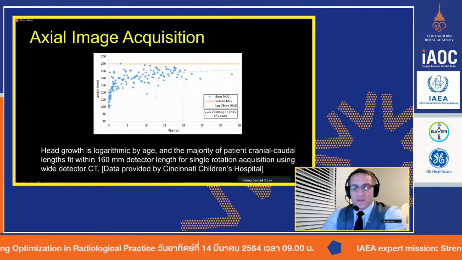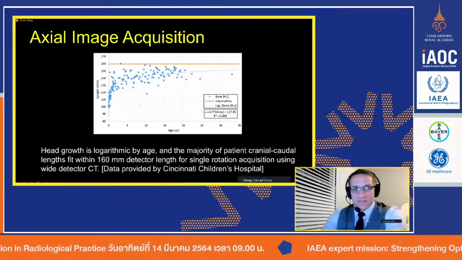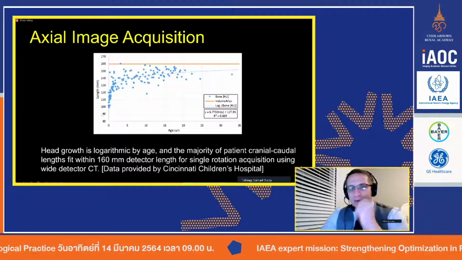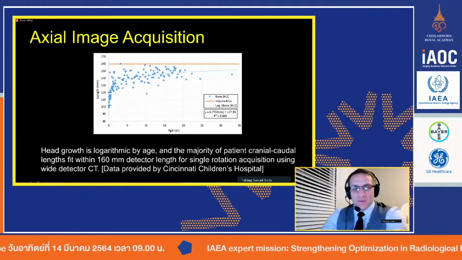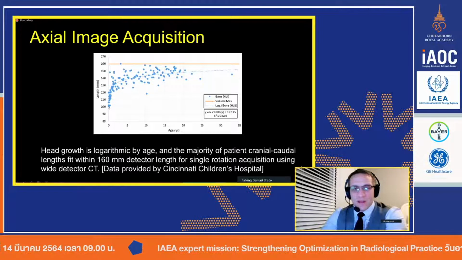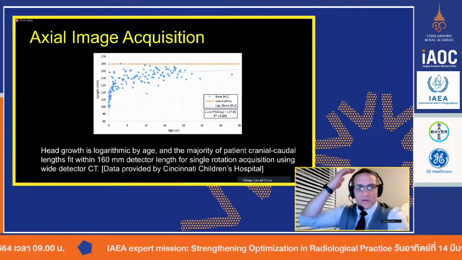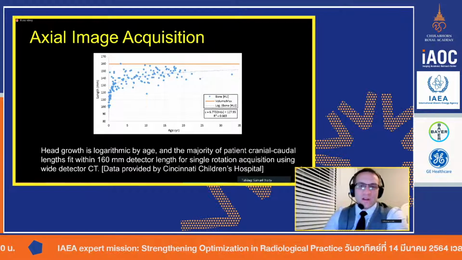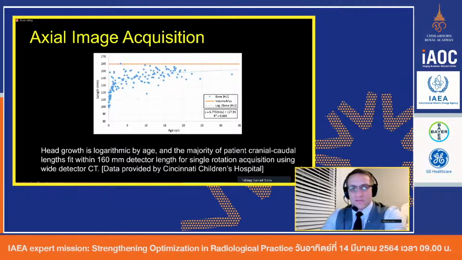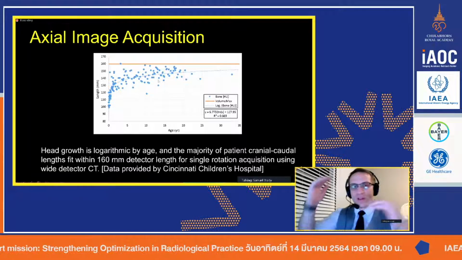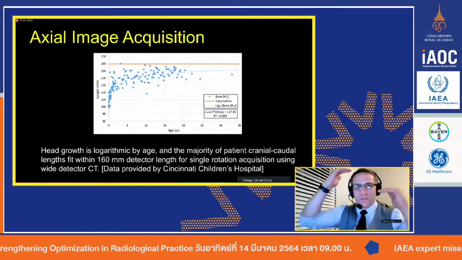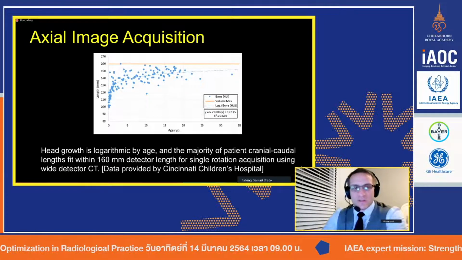So the very first thing to consider, this is just some data that I measured. I think it was a couple hundred patients where I went through and measured the overall length, cranial to caudal, of the cerebrum. So how could we cover all of the brain in one single rotation?